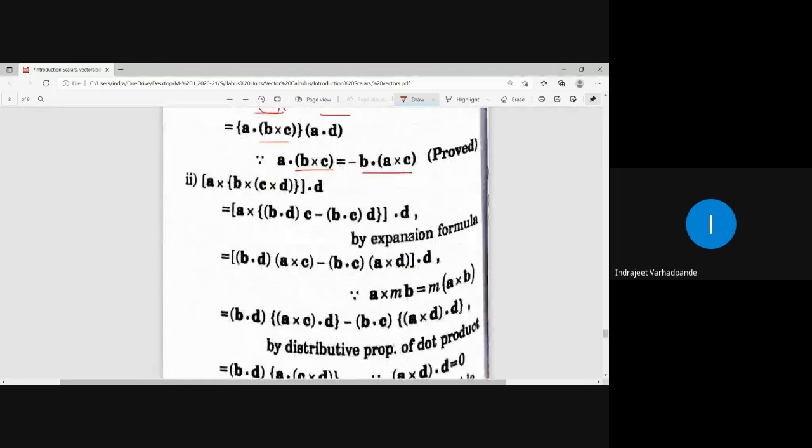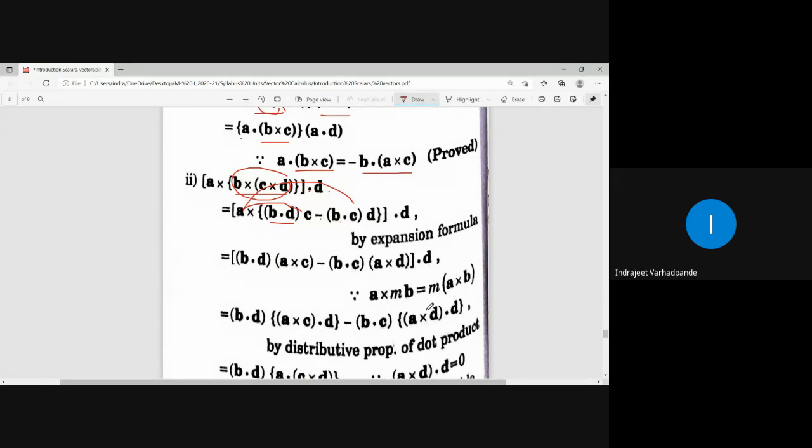Similarly, the second one we have is (a bar cross b bar) cross (c bar cross d bar) dot d bar. Initially in the bracket, for this you apply the expansion formula: b dot d will remain the same, it is a cross c, minus b dot c will remain the same, it is a cross d.